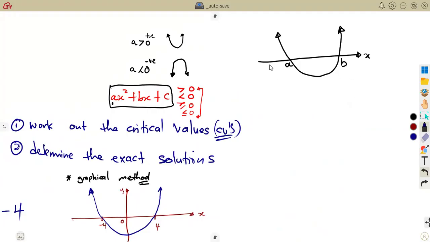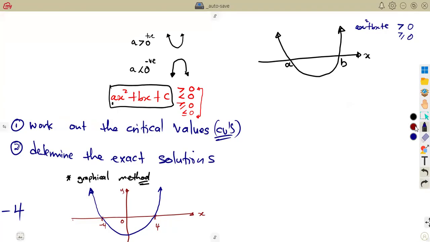When you are referring to the function, you are talking of ax squared plus bx plus c. When the condition is that it is greater than 0, or maybe they are saying greater than or equal to 0, the equal to is just something that you put on your final answer, but it is the same position where we are going to have this solution.